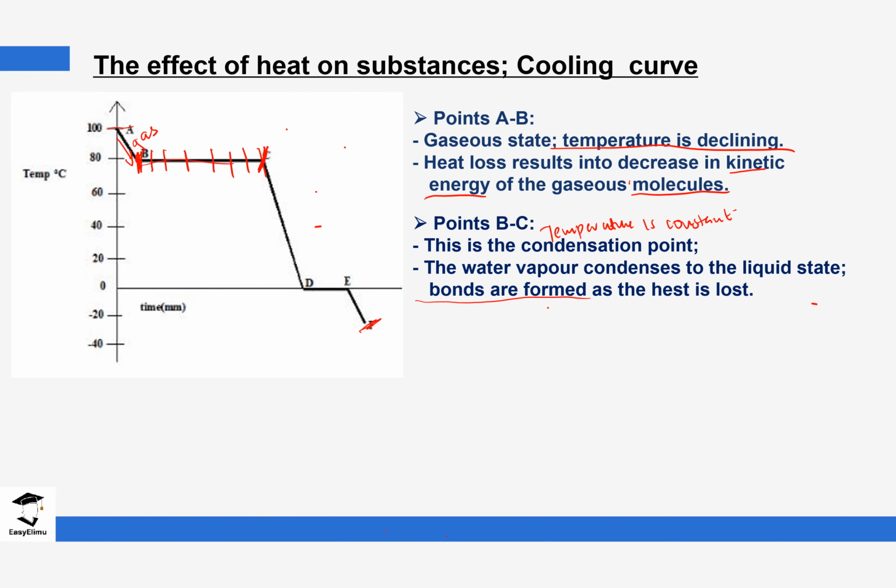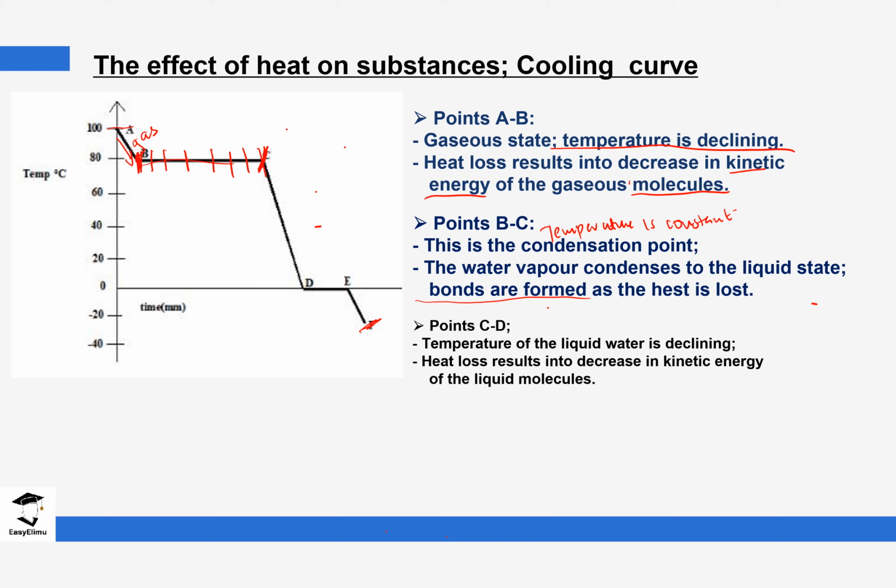So let's go to region CD. In region CD, the first thing we notice is that the temperature decreases. We always start with the temperature. The moment the temperature decreases, we are losing heat into the system. The moment the heat is lost, it means the kinetic energy is also decreasing.